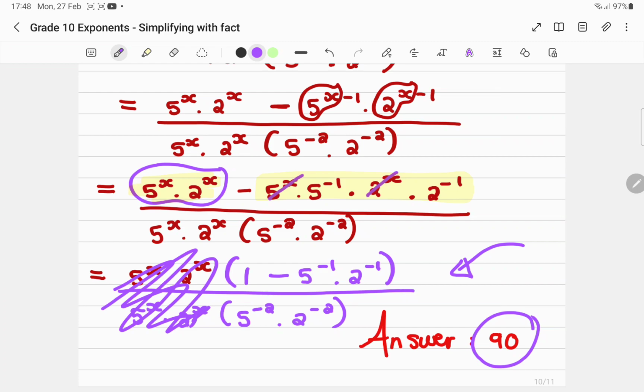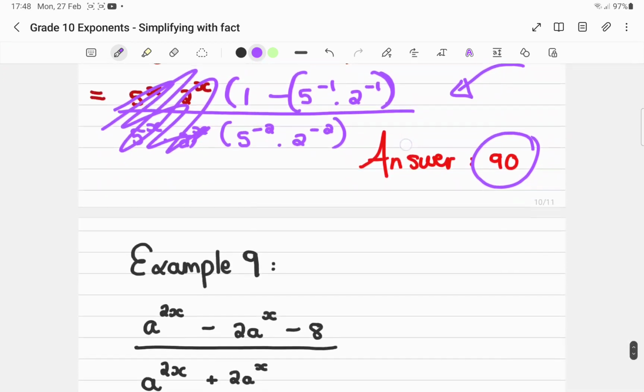Remember your calculator can work with negative exponents. I would suggest 1 minus, and then remember to put this into brackets. Then press equal, then divide by bracket 5 to the power negative 2 times 2 to the power negative 2. So just guide your calculator as to know what you want to combine, to follow BEDMAS as well.